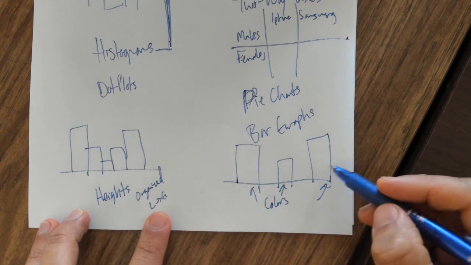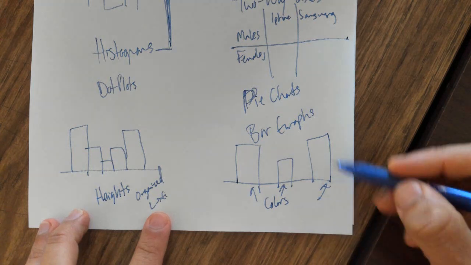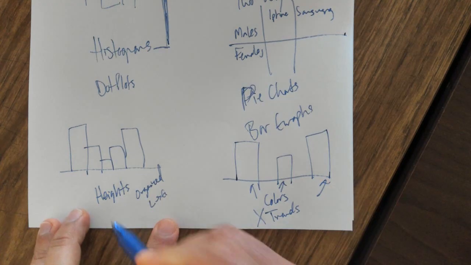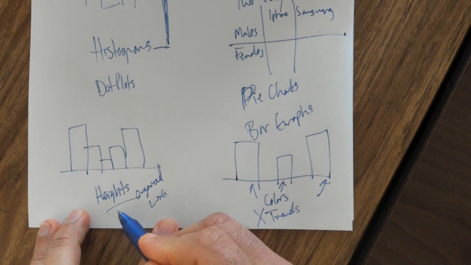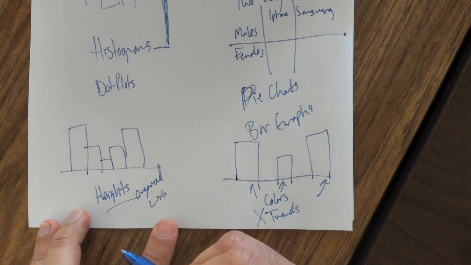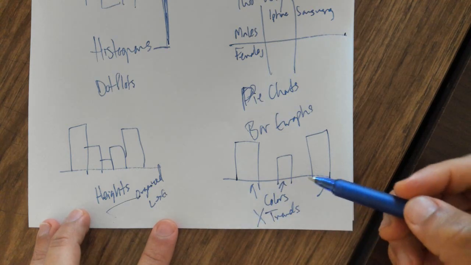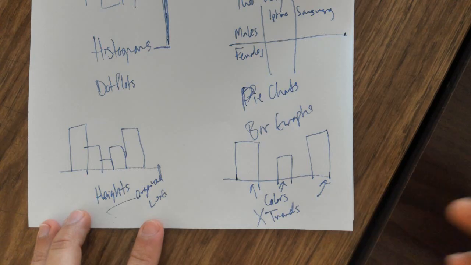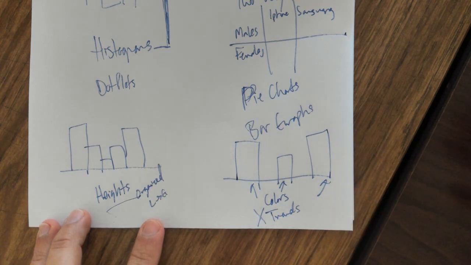So you can't really describe a trend here, as you can with means and standard deviations and such. The trends would be more like, there's more of this number than this number, but you can't say that as the color increases, the numbers decrease, right? That doesn't make sense because there's no order in this scenario.